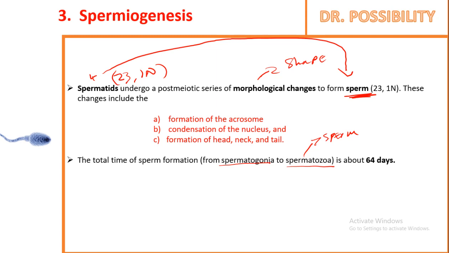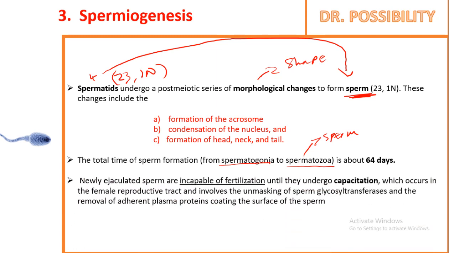Yes, the sperm has been formed, but the newly formed sperm, which is just ejaculated, cannot cause fertilization. Please take note of that. The newly formed sperm cell is incapable of fertilization. It cannot fertilize an egg until it undergoes what we call capacitation.